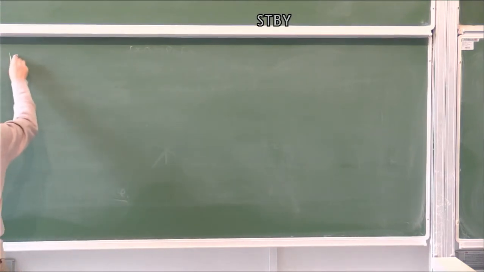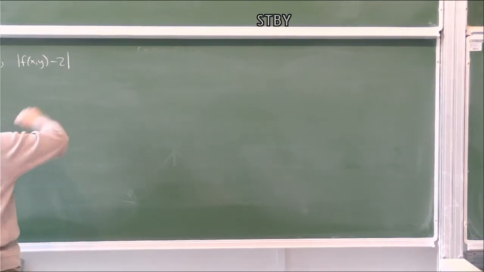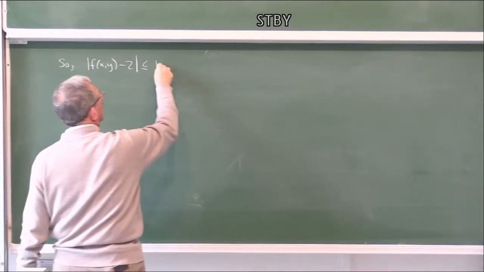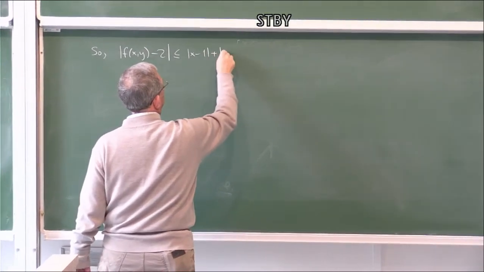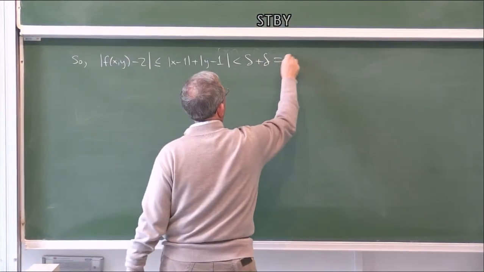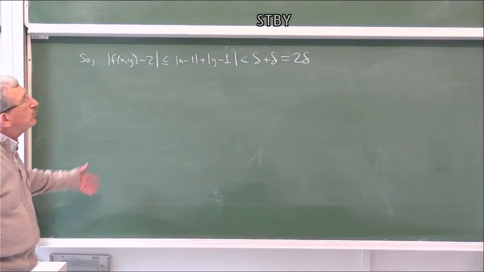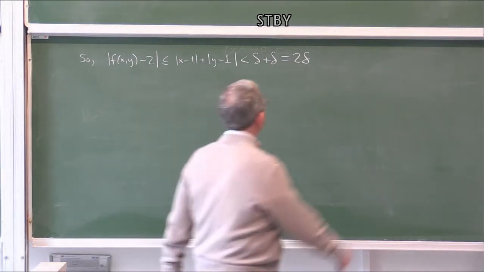So we get that f of (x, y) minus 2, which we calculated there, I'm not repeating that, is less than 2 delta. What do we want? We want this to be less than epsilon.